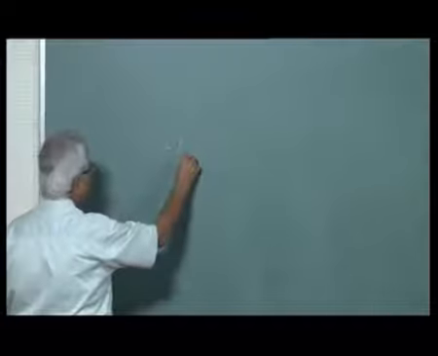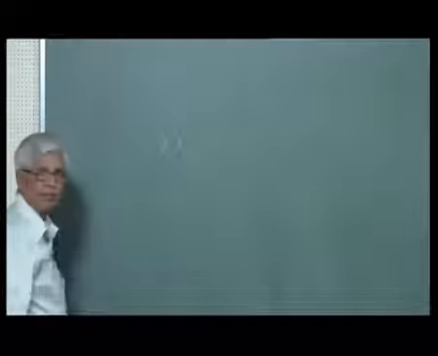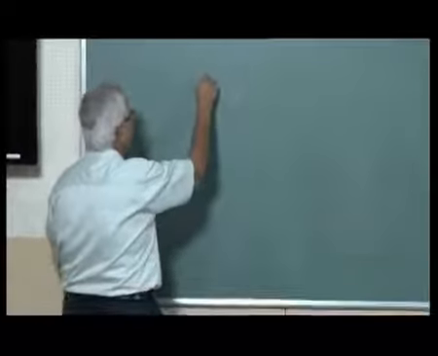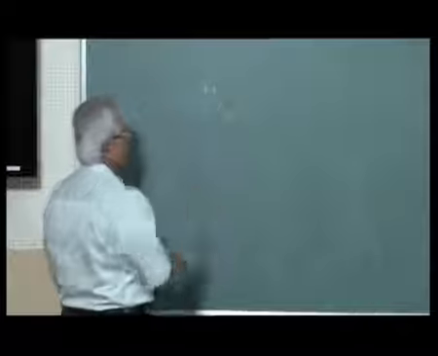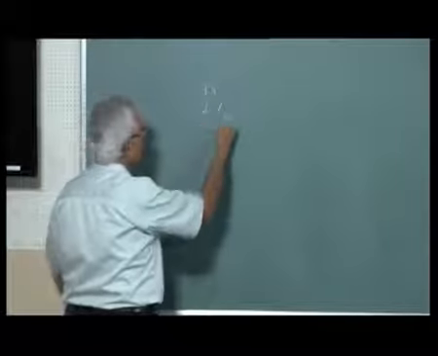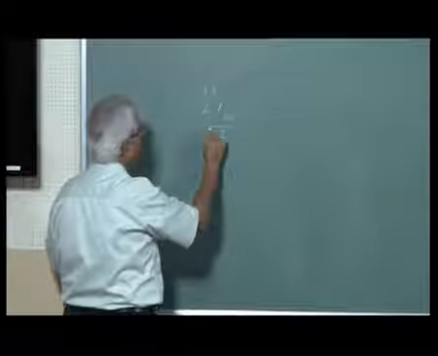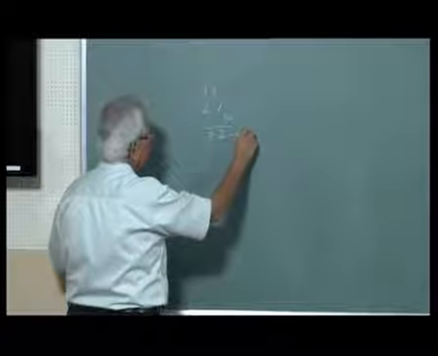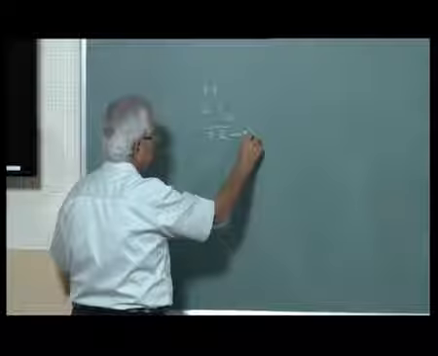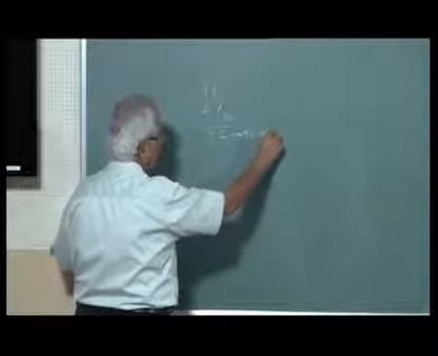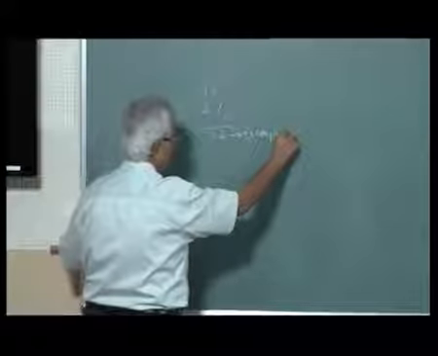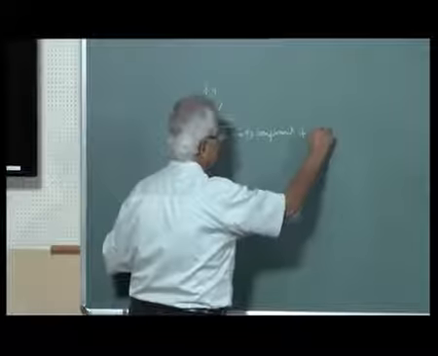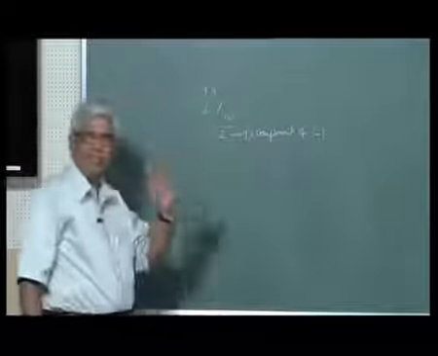You put the label here to indicate it is a decimal number. So for the 9's complement of this, I subtract it from 99. So it becomes 72. So 72 is the 9's complement of 27.